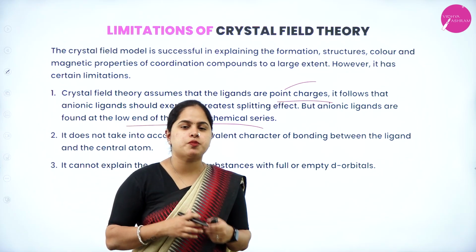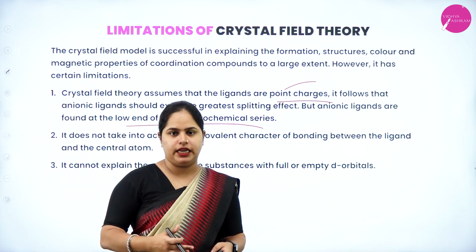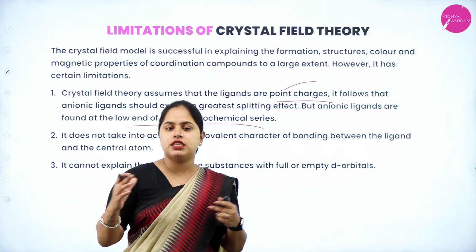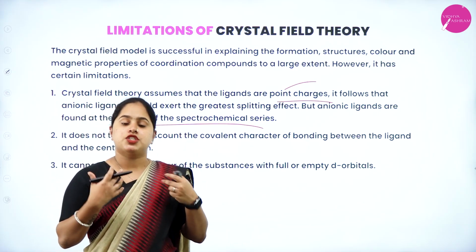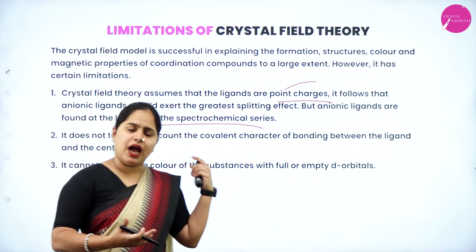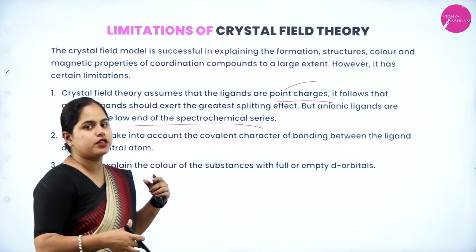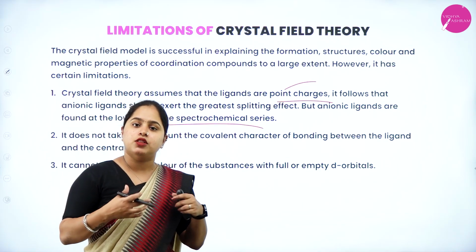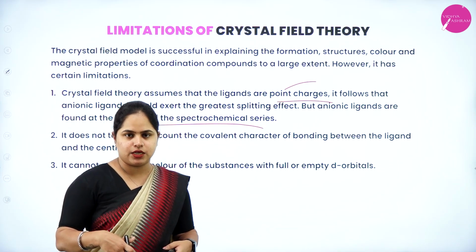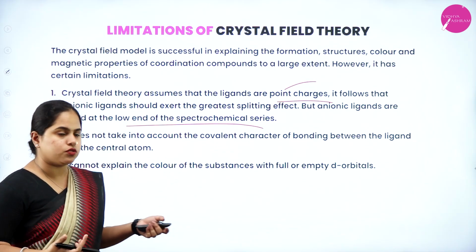But according to the spectrochemical series we have studied, the order of strength of the ligands, the anionic ligands, that is your halogens, come towards the end of the series. Those are generally weak ligands. So that was an assumption which was wrong, right?